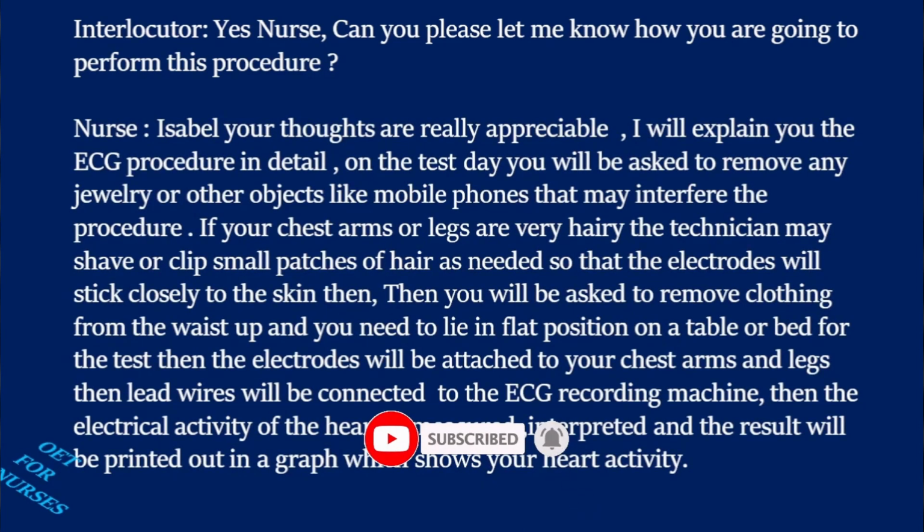On the test day, you'll be asked to remove any jewelry or other objects like mobile phone that may interfere in the procedure. If your chest, arms or legs are very hairy, the technicians may shave or clip small patches of hair as needed so that the electrodes will stick closely to the skin.